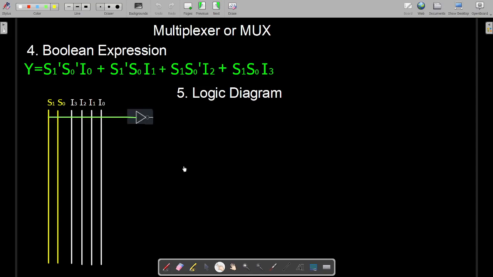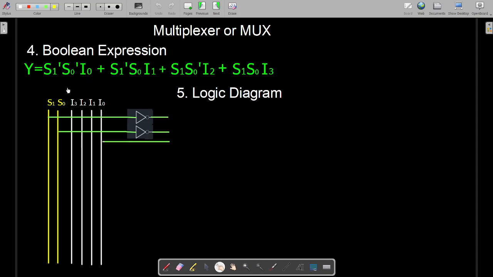So we are going to draw the logic diagram for this first term. For the first combination it is S1 dash, right? So we are having the inverter. Then S0 dash, so the connection is taken from this S0 and then inverter is connected. Then the third is this I0.